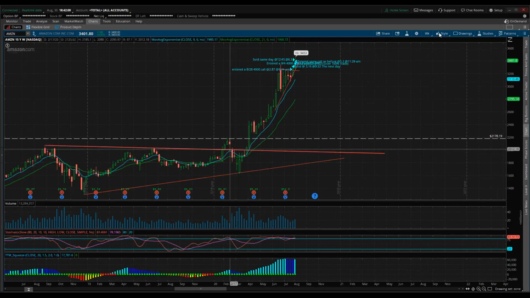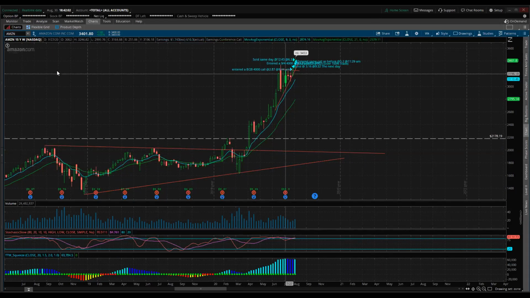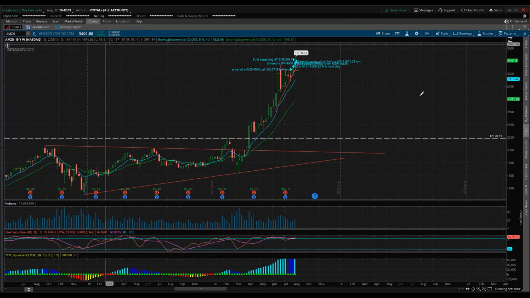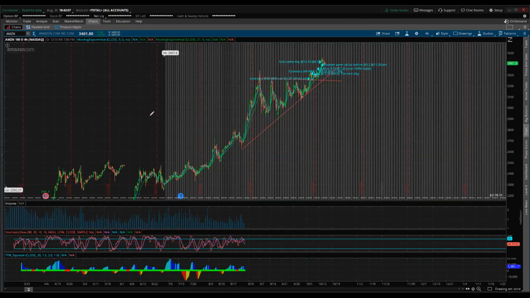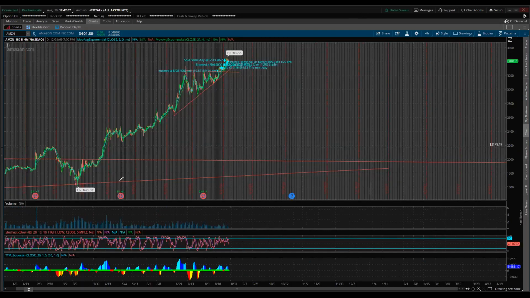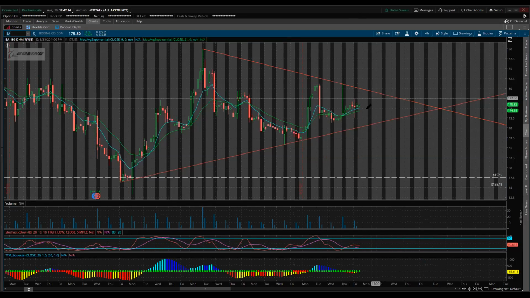So that happened. Some triangles that we're currently looking at on the high time frames are Boeing, and you see this, connect the top bars, connect the bottom bars, and to get into this trade, we would either wait for a break above this line or break below this line for puts.